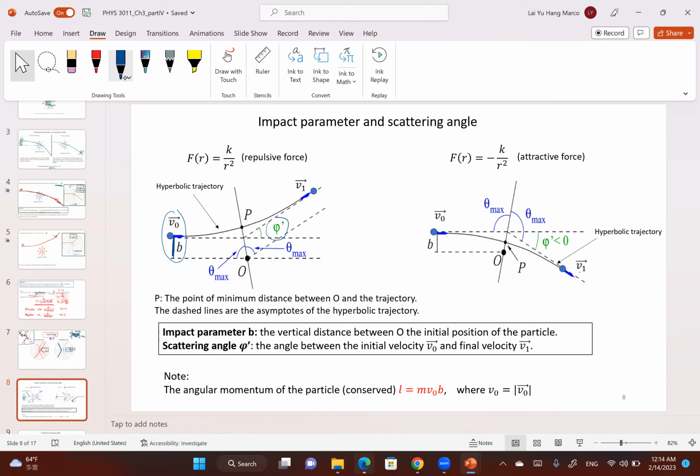I forgot to mention P. P is the point of minimum distance between this scattering center O and the trajectory. You can see here the distance is that much, and any other point would have a longer distance compared to this point over here.